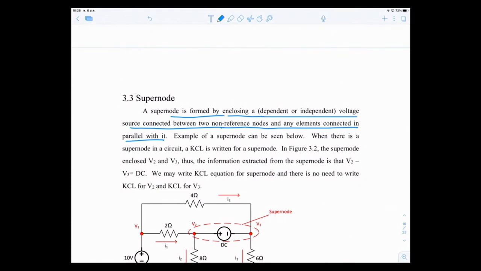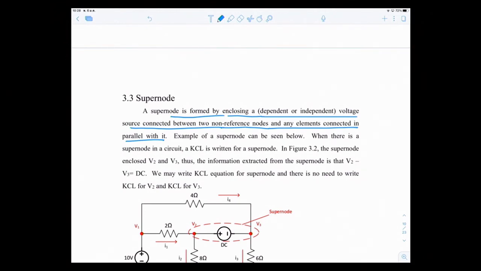A supernode is formed by enclosing a dependent or independent voltage source connected between two non-reference nodes and any elements connected in parallel with it. So this is the general definition of a supernode.